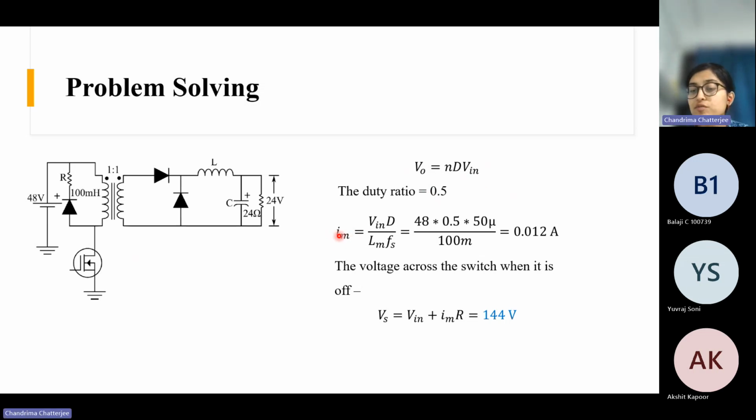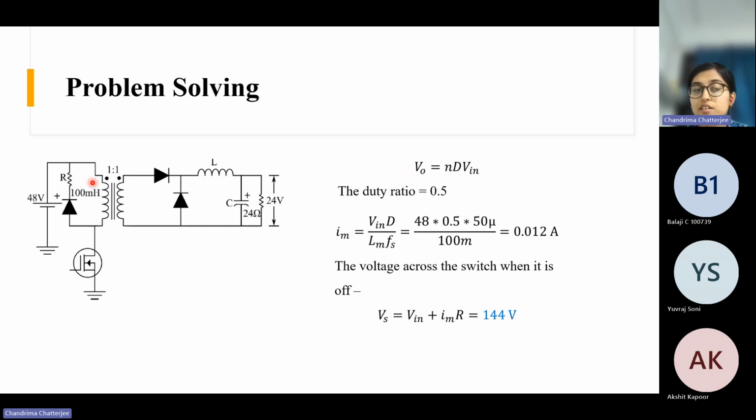Now you need to find out the magnetizing current, right? What is the magnetizing current? The magnetizing current is V in D by Lm fs. Because when this switch is on, this gets magnetized, right?